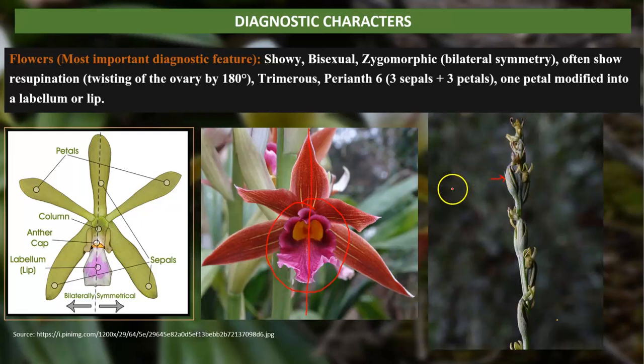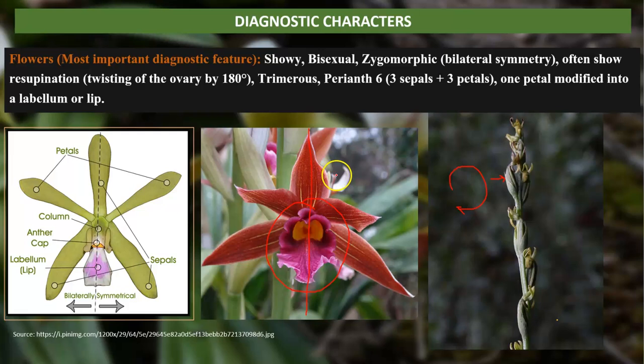The ovary is twisted by 180 degrees, so the labellum comes downward. That type of feature is only found in the family Orchidaceae, or members of the Orchidaceae. That feature is called resupination, twisting of the ovary by 180 degrees.